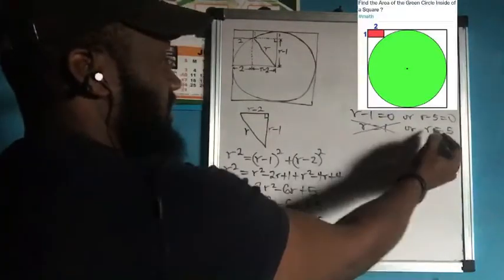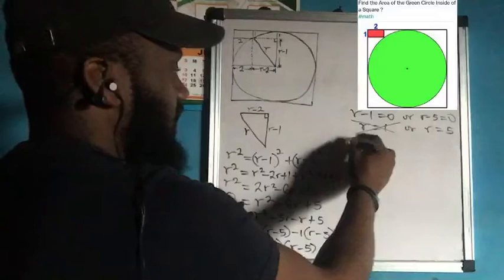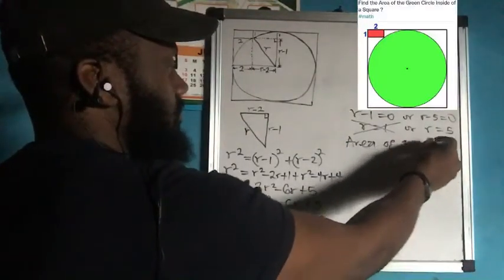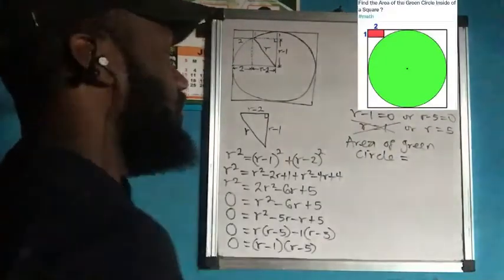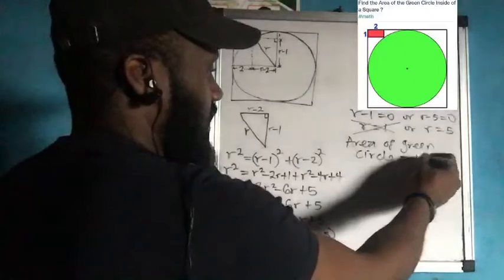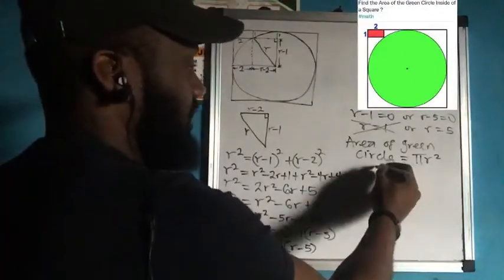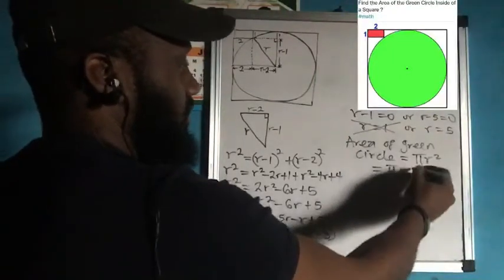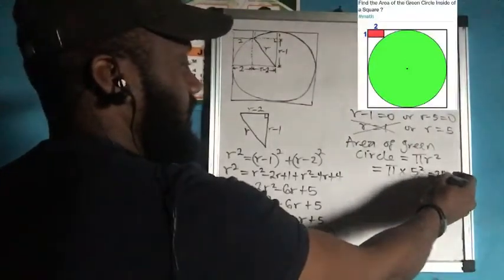Since we have the radius of the green circle as 5, then the area of the green circle is equal to pi r squared. So we have pi times 5 squared, and that will be 25 pi.